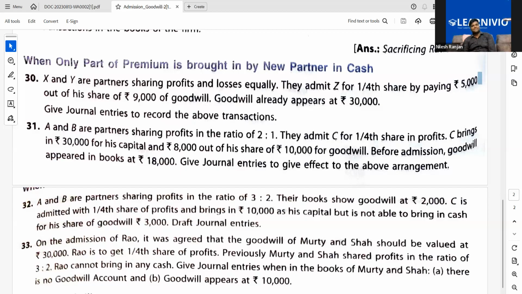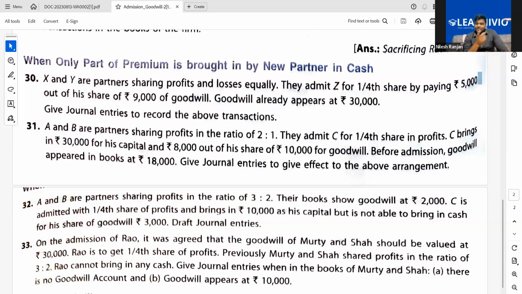The difference between old and new. Yes, that's very good. So any increase or decrease in value will be written in revaluation. Now, if you remember the entries, you remember what will be written in revaluation. Then you also remember the format of revaluation account.